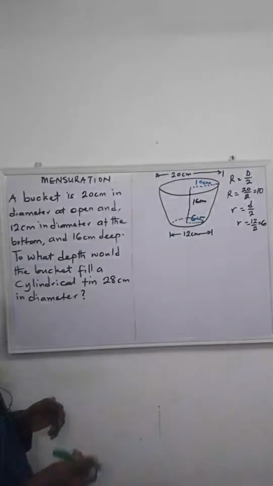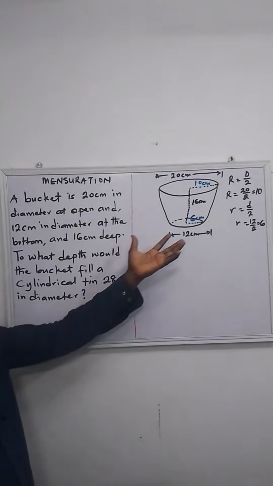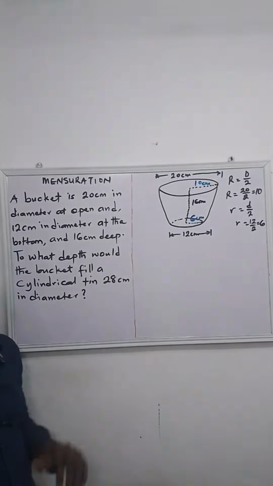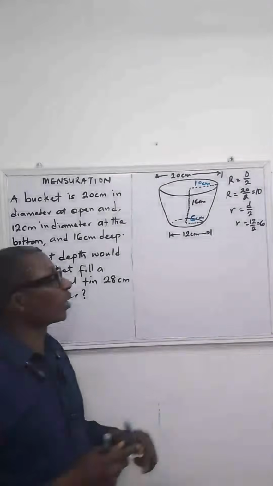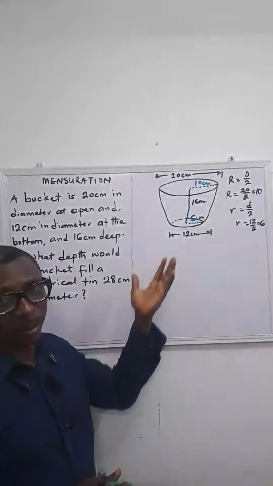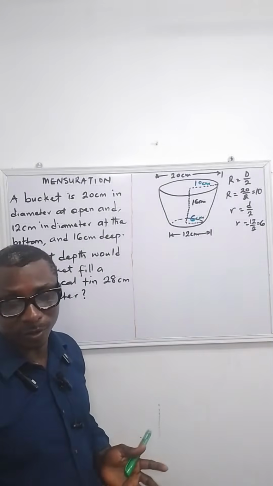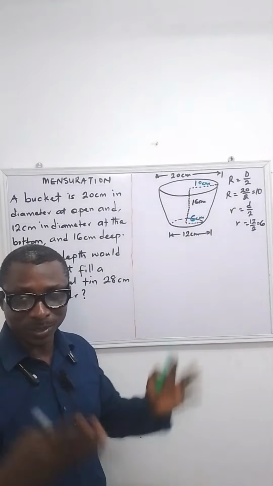All right. Now, the first thing to do is to get the volume of the frustum. So how do we get the volume of the frustum? Just like I rightly said, a frustum is a fraction of a cone. So I'm going to make a complete cone now.